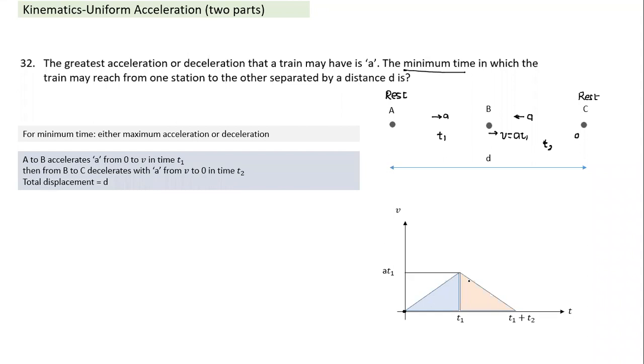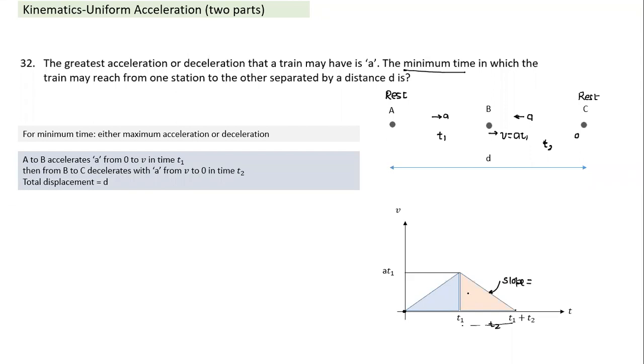And then from here it starts decelerating. What is the slope equal to? The slope is the retardation or deceleration. If this phase takes time t2, the total time is t1 plus t2. If this height is at1 and this distance is t2, the slope is this height divided by t2.